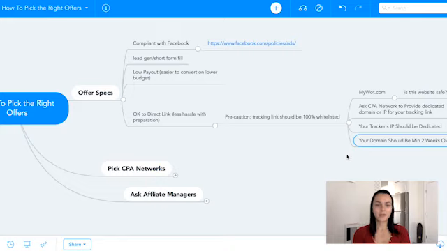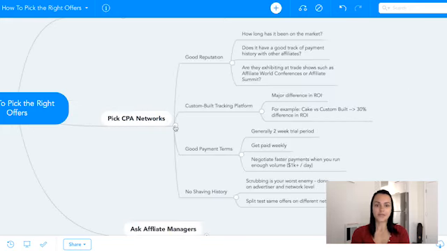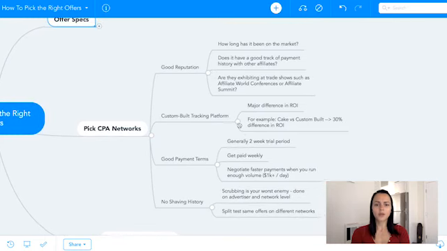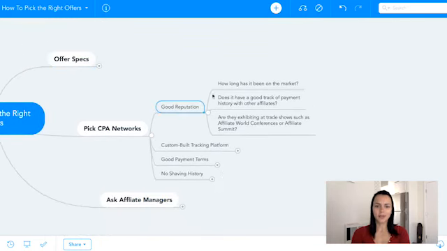All right, now that we understand what kind of offers you're looking for, I want you to take into consideration what kind of CPA networks you want to work with. First of all, you want to work with networks that have a good reputation. What I mean by that is, ask yourself and do your research.